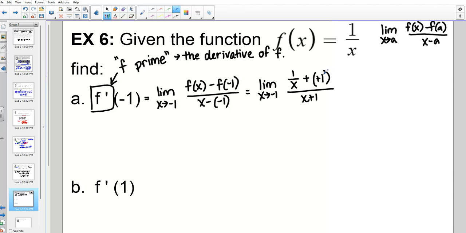Common denominators. I can't have that complex fraction. So this one is like 1 over 1. It needs to be multiplied by x on top and bottom. So that will look like this: the limit as x approaches -1 of 1 plus x over x divided by x plus 1.